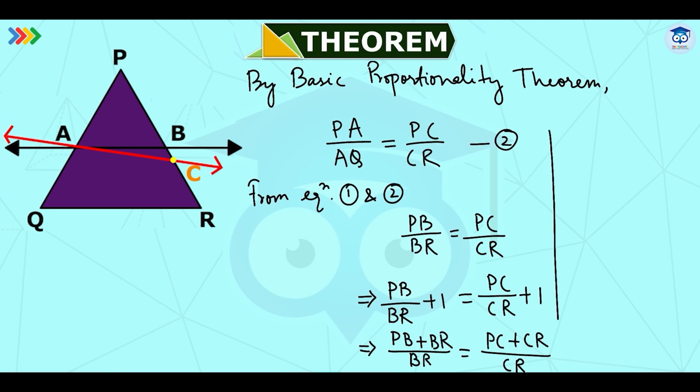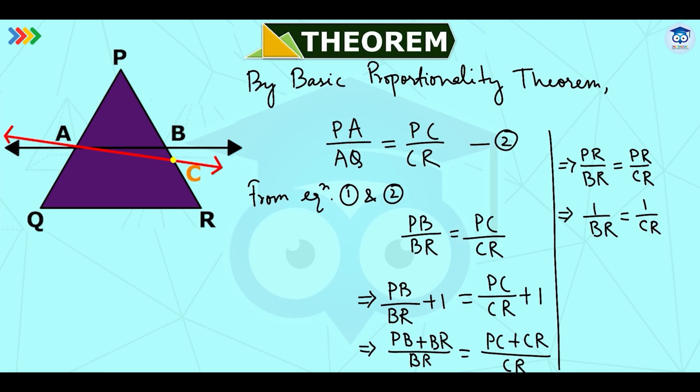So PR upon BR is equal to PR upon CR. We know that the numerators are equal, so we have 1 upon BR is equal to 1 upon CR. After cross multiplication, CR is equal to BR. So this says that CR length is equal to BR length.